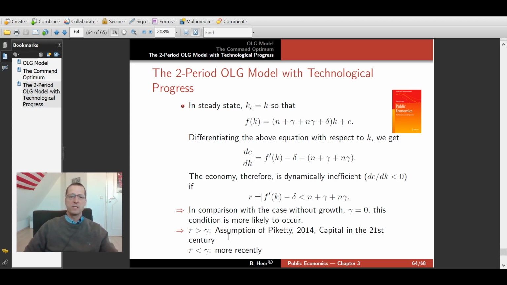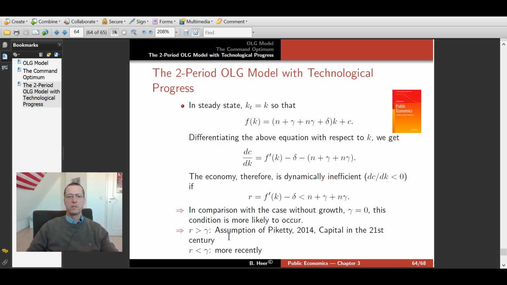So his argument was basically the following. Well, the capitalists own all the capital in the economy, and their income, the interest rate R, grows faster than the income of the workers, the wage income of the workers, which is basically driven by the growth rate of the economy, gamma.